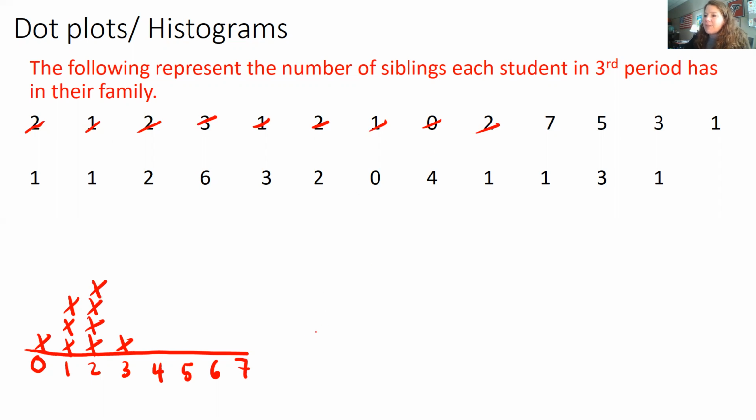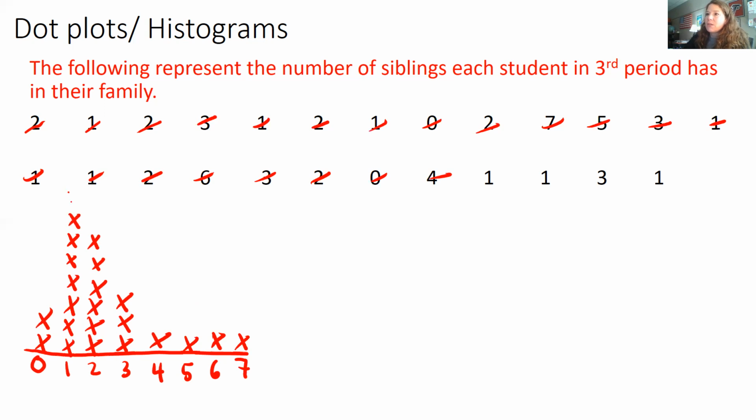The next number is 7, 5, 3, 1, 1, 1, 1, 1, 1. And then I have 2, 6, 3, 2, 0, 4, and then 1, 1, 3, 1.